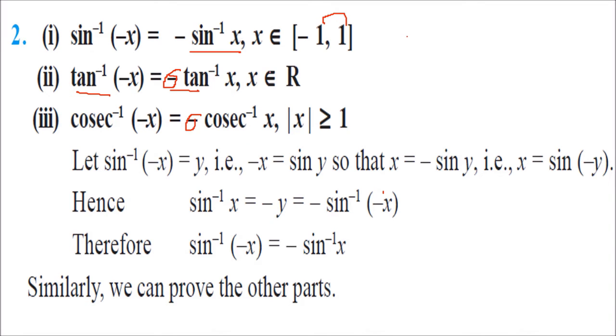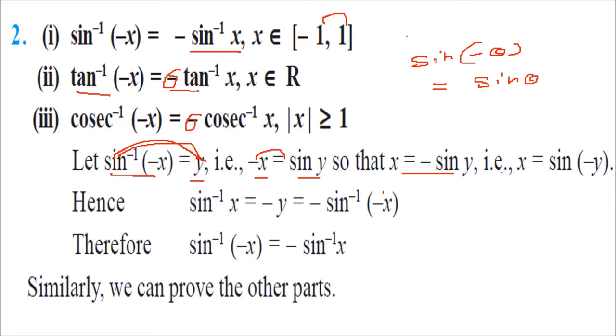First of all, this sine inverse minus x, let us equate it to y. What it means: sine y will be equal to minus x, right? That means x is equal to minus sine y, and you know that sine of minus theta is equal to minus sine theta. So let us take this minus inside.